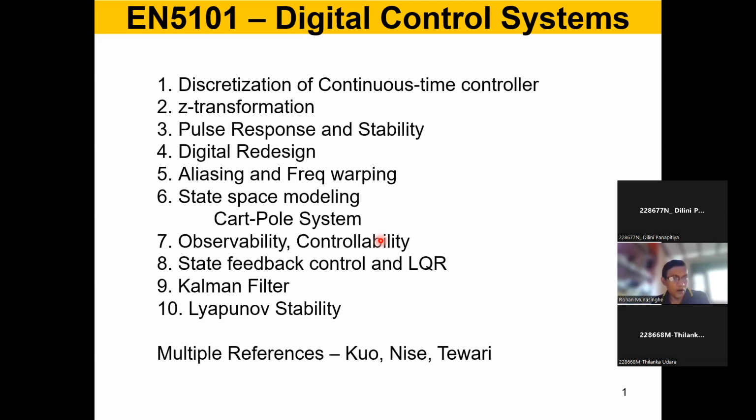Can you estimate all of these things using a fewer number of measurements? If the plant is controllable, the answer is yes, you can do that. But if the plant is not controllable, you cannot use this control signal to calculate the other states.